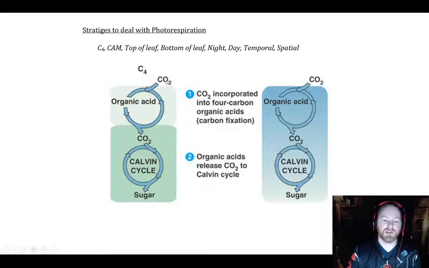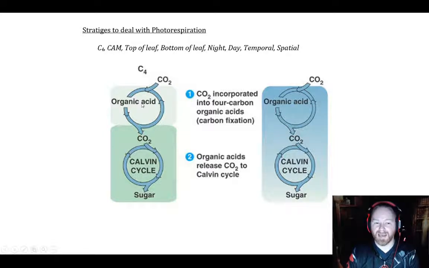So up top the CO2 comes in, but it doesn't go straight into the Calvin cycle. CO2 is bound up in an organic acid, and guess how many carbons it has? Well, the name of the process should tell you, right? This is a C4.